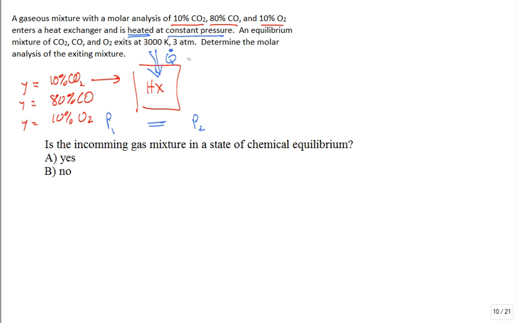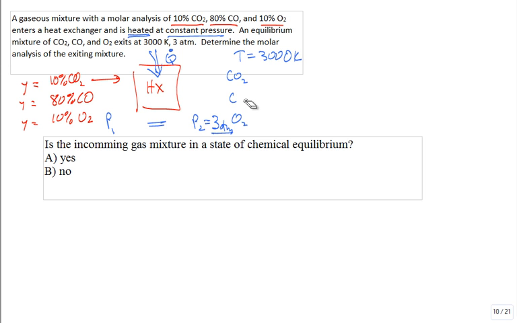An equilibrium mixture of carbon dioxide, carbon monoxide, and oxygen exits at a temperature of 3,000 Kelvin. And that pressure, they tell us, is 3 atm. Carbon dioxide, carbon monoxide.